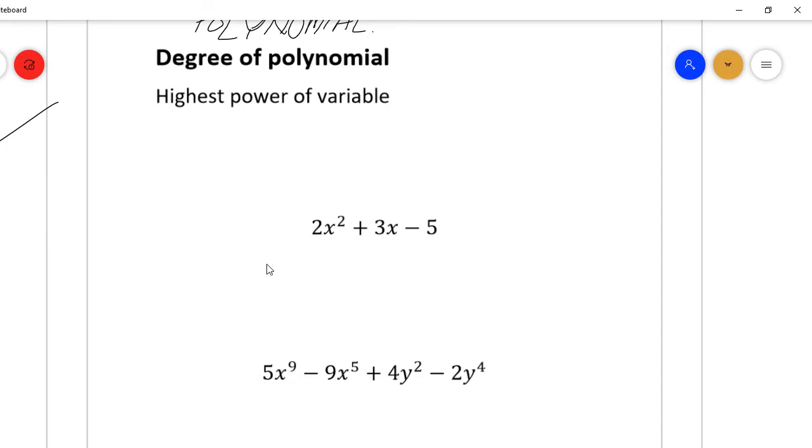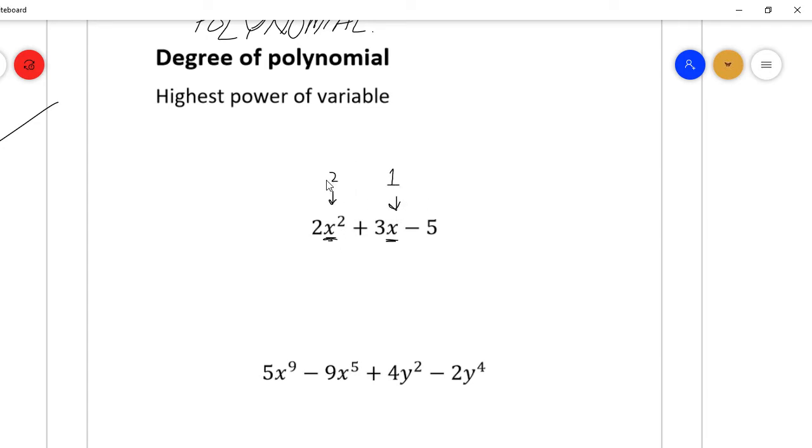Now let's start from the first expression, 2x squared plus 3x minus 5. Now check the degree, check the power of the variables. Here the variable is x and again x. Now the power of x in this term is 2 and in this term the power of x is 1.